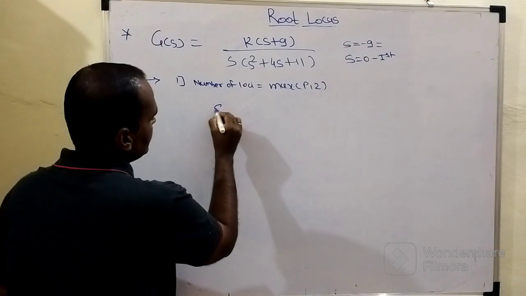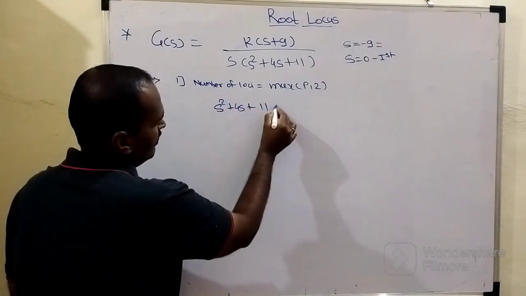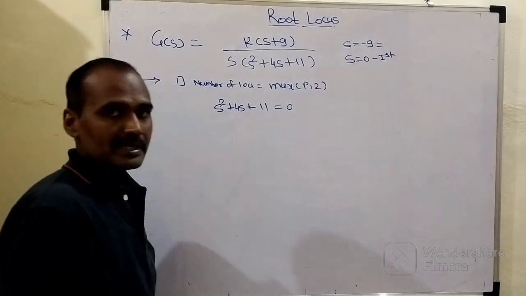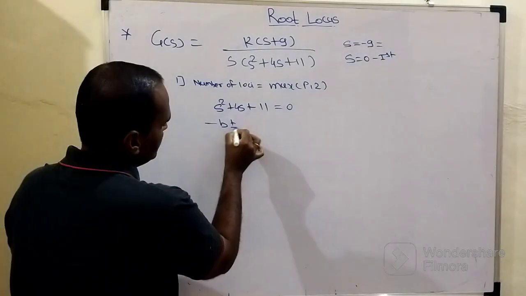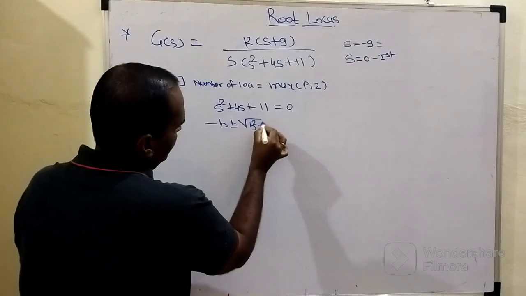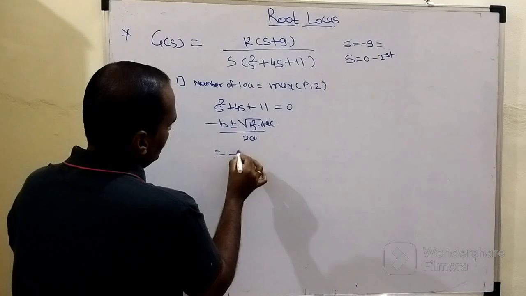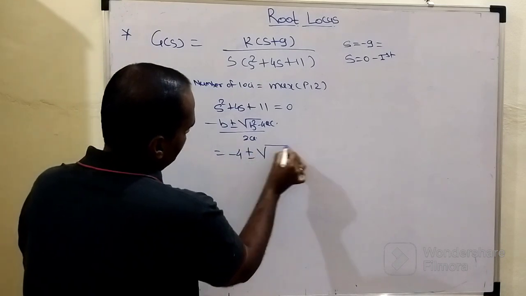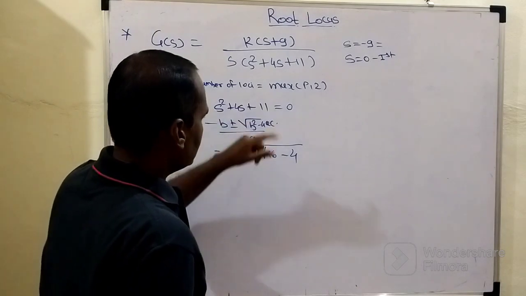Then after that, the quadratic equation we have is s square plus 4s plus 11. With the help of a scientific calculator also we can determine the poles, but the algebraic method is minus b plus minus square root of b square minus 4ac, upon 2a. So here b is 4, so minus 4 plus minus square root of b square, which is 16, minus 4, where a is 1 and c is 11.